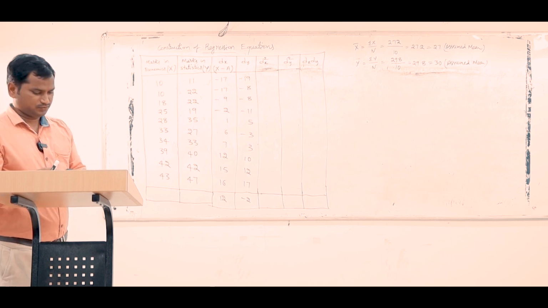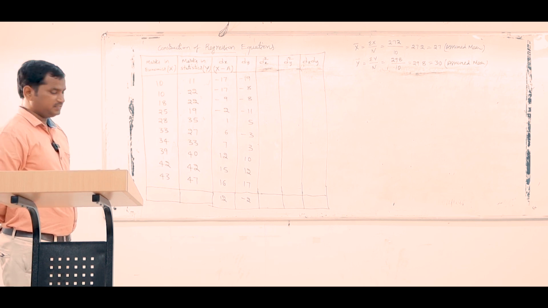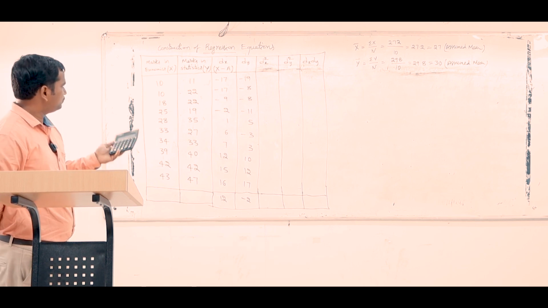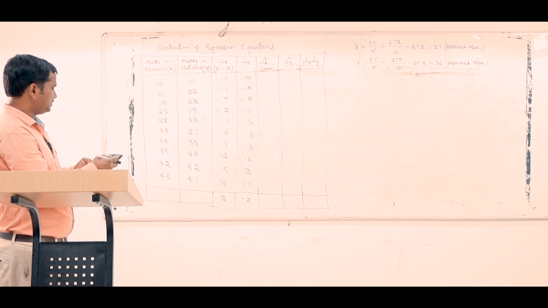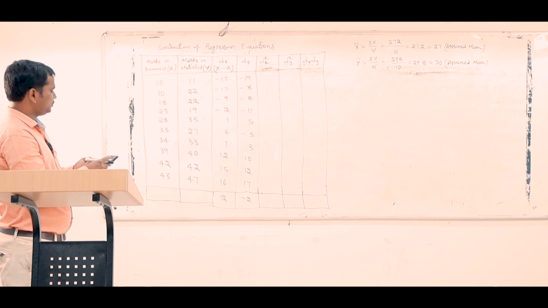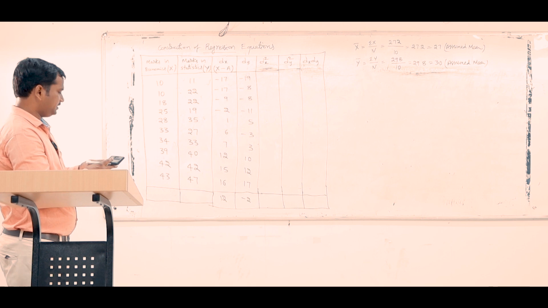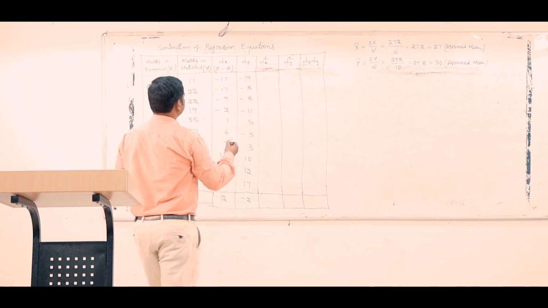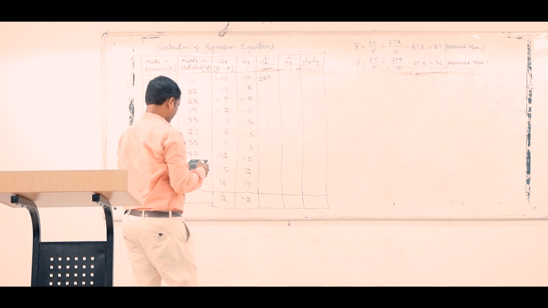Okay. So like that, two columns we should find out, dx and dy. In the next two columns, what should we do? We should square the columns, dx square and dy square. So for dx square, 17 into 17 will be 289.